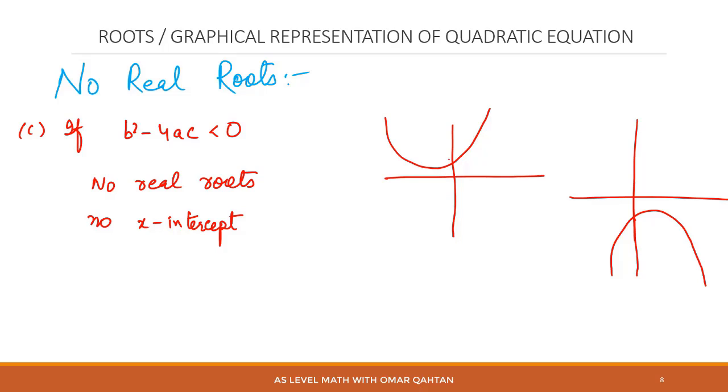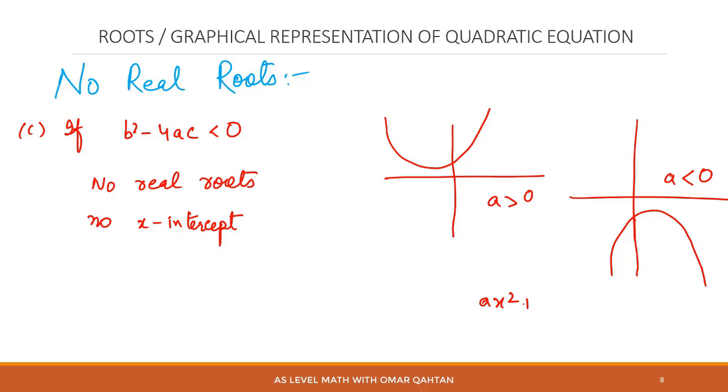As you can see here, this curve is not cutting the x-axis, so it's not giving you any x values. In this scenario a is greater than 0 and in this one a is less than 0.